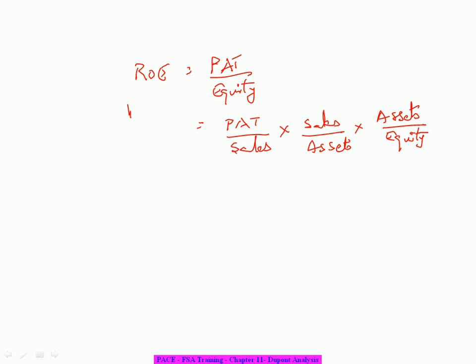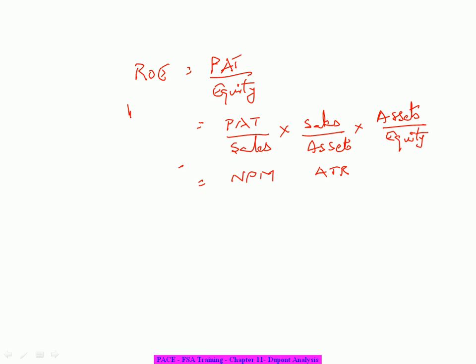That is no problem, because the terms cancel out and finally give you the same PAT by equity. But by doing this, there is a slight difference. This is your net profit margin, which we have already calculated, profit by sales, whereas this is the asset turnover ratio.